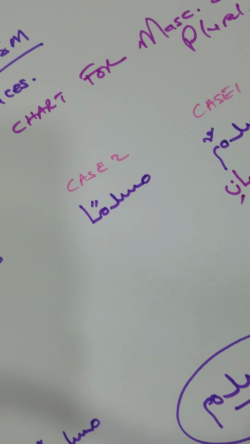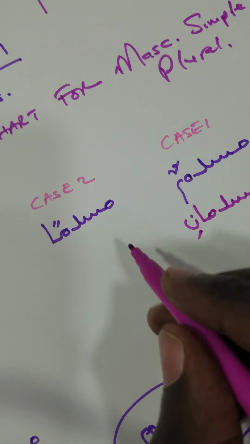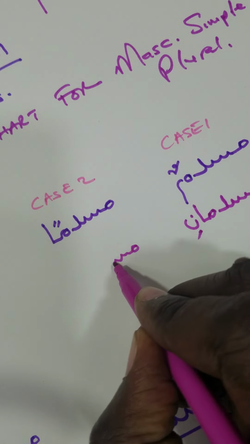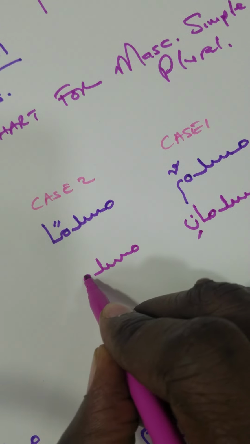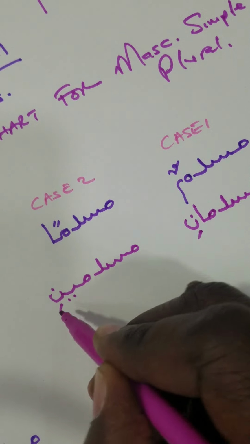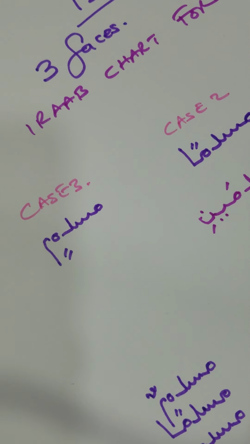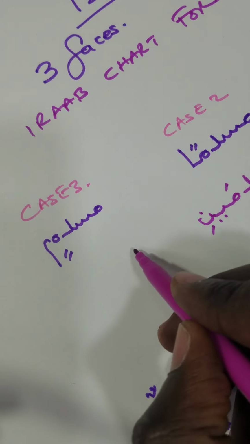Then you remember we said dual has two forms. You remember those times when we said it is either Musliman or Muslimain. I think you remember that, Muslimain. So you have Muslimain, that is case 2. Then case 3 will also be Muslimain.